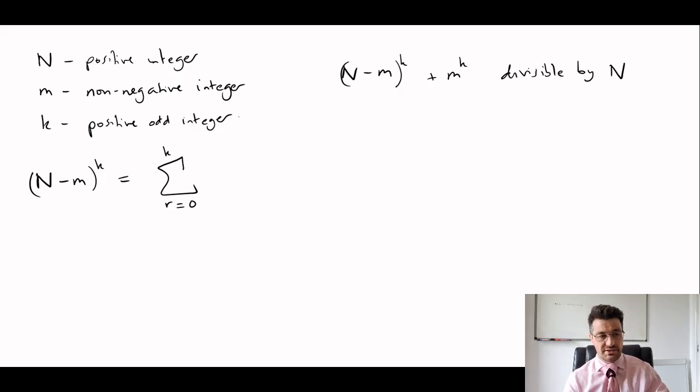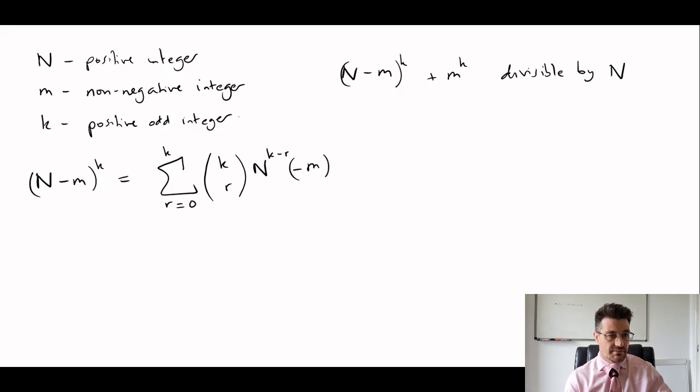There might be all sorts of different ways that you can present your solution to a problem, all of which are valid. Obviously, some ways are going to be invalid, but we're not interested in those. So we've got k choose r, and it's going to be n^(k−r) times (−m)^r.